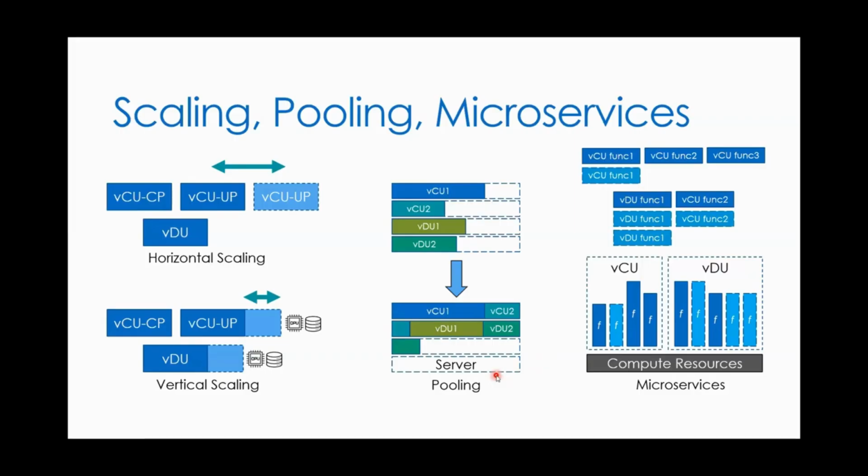So it's able to better optimize to what I need at a given point in time. And because of that, I'm able to get some savings, like power saving or things like that. So this idea of pooling is just that I have a set of resources that I'm pulling together and I'm running my functions on top of that. And I'm better able to take advantage of just what I need at a given point in time.